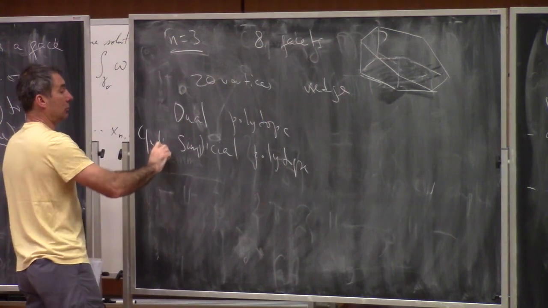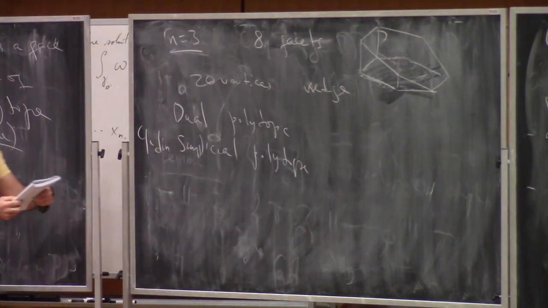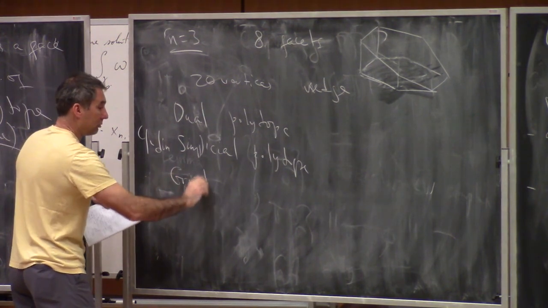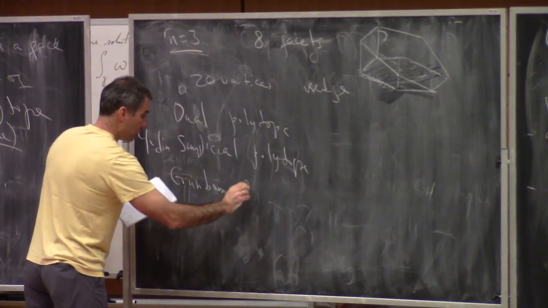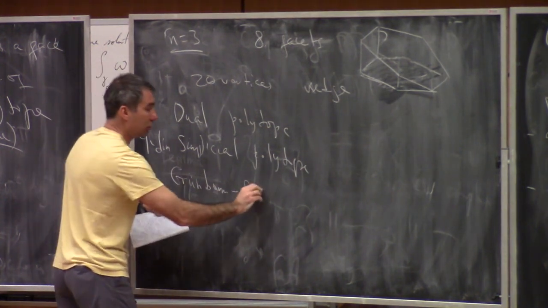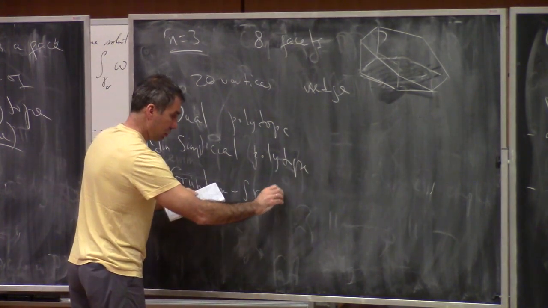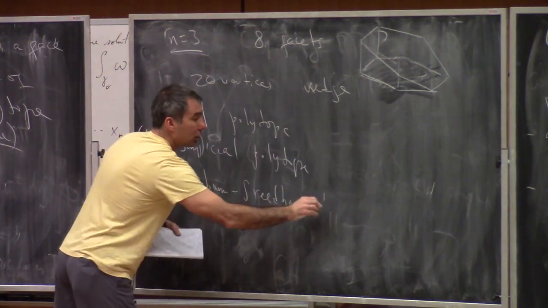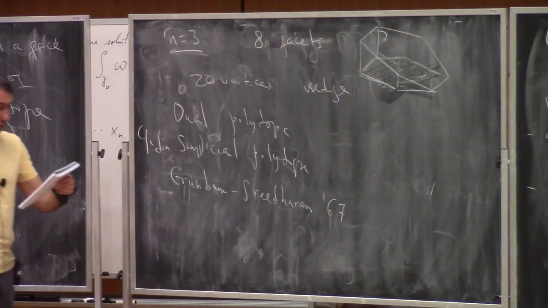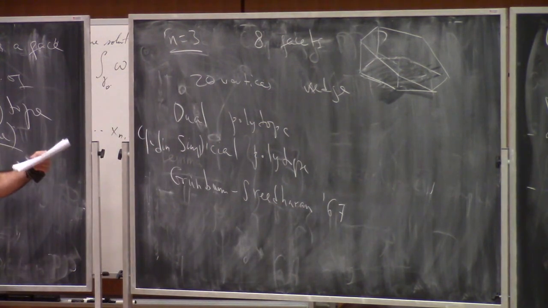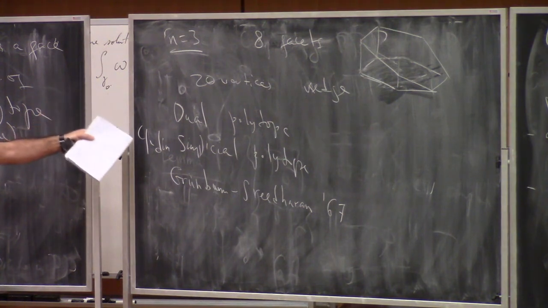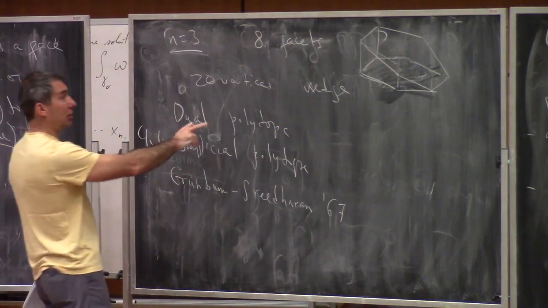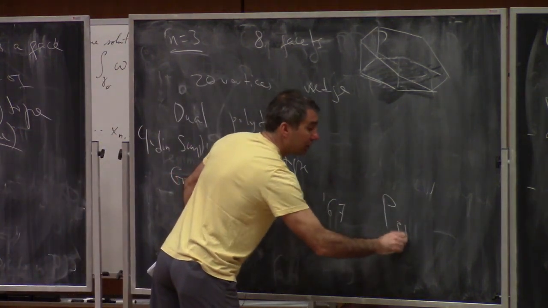And luckily there is a paper by Grünbaum and Sreedharan, '67. There are 37 simple simplicial polytopes with 8 vertices, 4-dimensional. 37 of them are classified, and this one has the number 35.